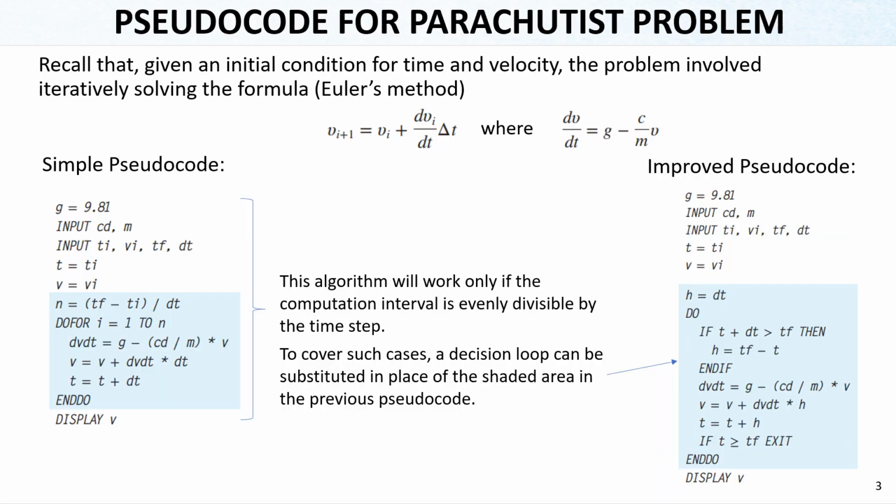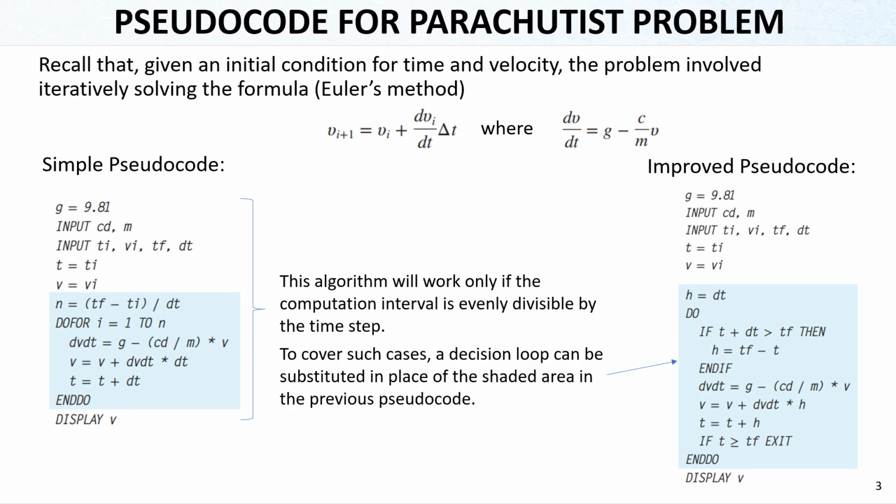Here I will show another example for developing a pseudocode for making an algorithm, and this is for the parachutist problem that we solved in the chapter 1 videos or course classes. And let's remember that given an initial condition for time and velocity, the problem involved iteratively solving the formula, Euler's method.